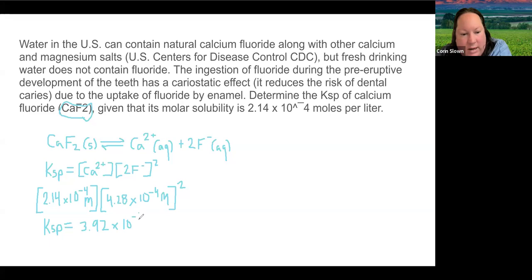And remember that our KSP is unitless. There are no units. And if we take a look at the problem, we have 3 sig figs. So 3.92 is appropriate. So this is just calculating similar to what we've done in class to determine solubility, but now we've been given the solubility and are asked to find KSP.